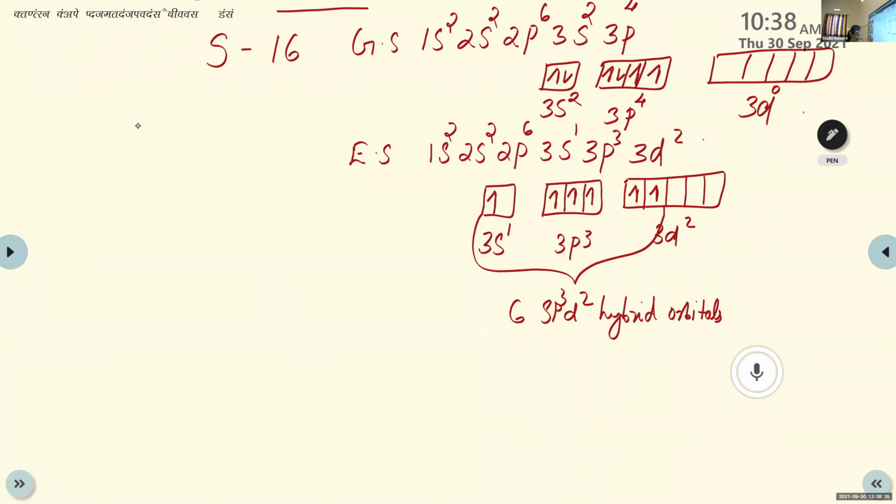So now the formation of SF6 molecule. There are 6 fluorine atoms. Each fluorine atom will overlap with one of the 6 sp3d2 hybrid orbitals of sulfur.